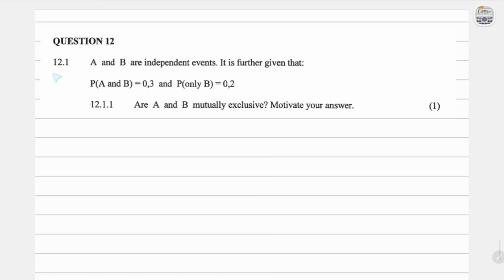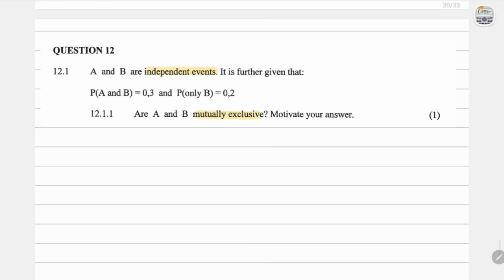Question 12 says, 12.1, A and B are independent events. If it is further given that the probability of A and B is 0.3 and the probability of only B is 0.2, then 12.1.1 says, are A and B mutually exclusive? Motivate your answer.